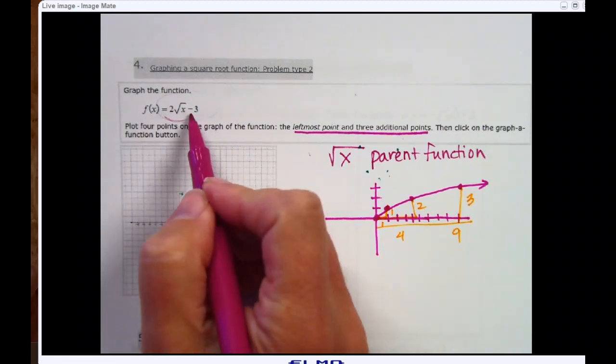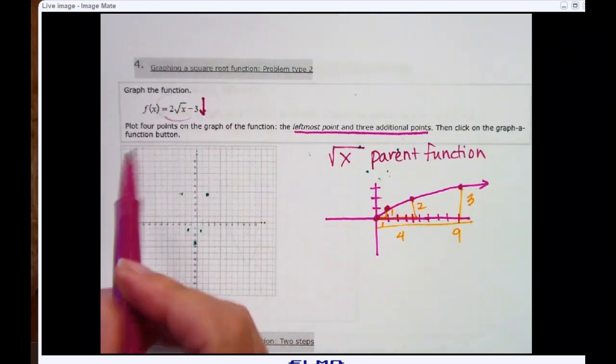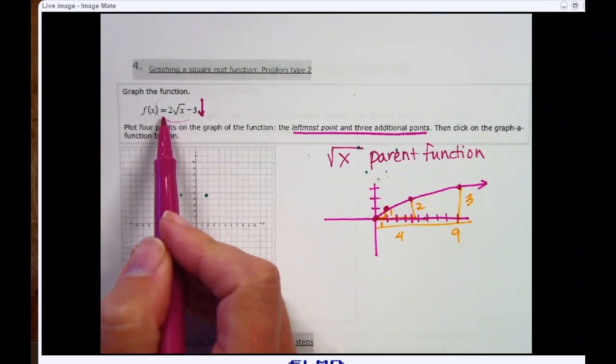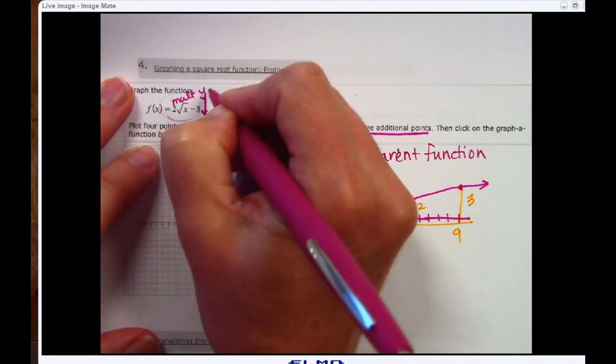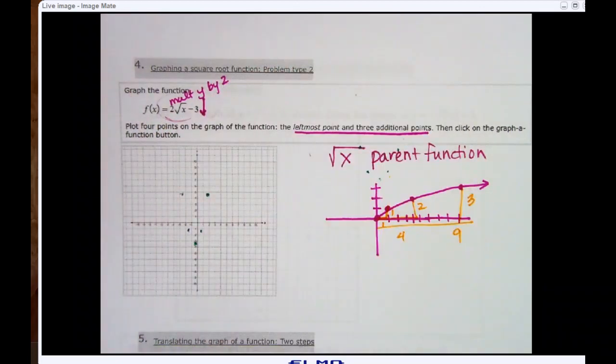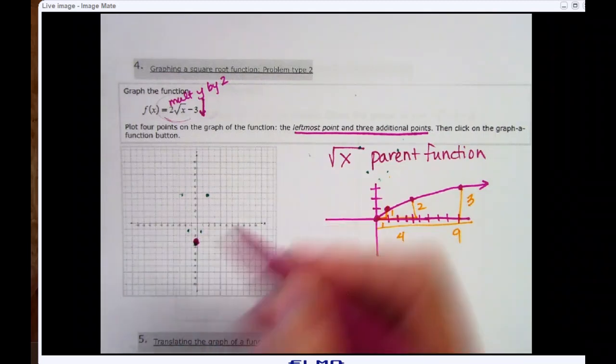Okay, what does the minus 3 do? To the down, yep. And our 2 is going to stretch the y. So multiply y by 2. All right, let's move it down 3. 1, 2, 3.